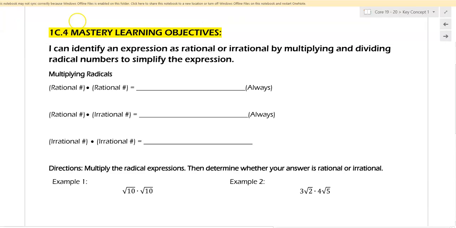A rational number times a rational number, if I multiply two rationals, it's always going to be rational. A rational times an irrational is always going to be irrational.